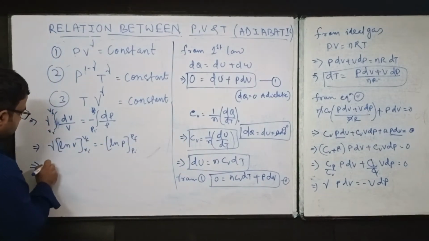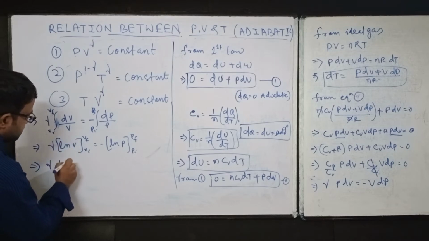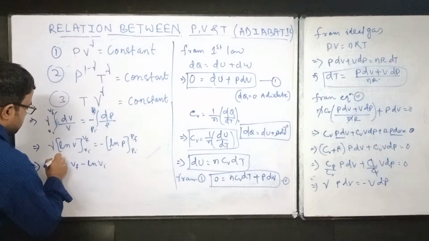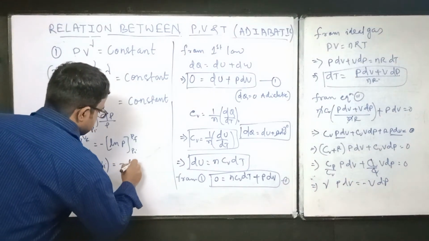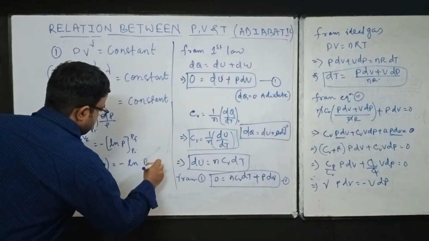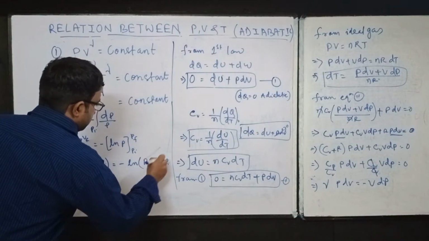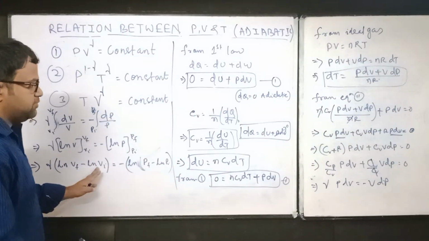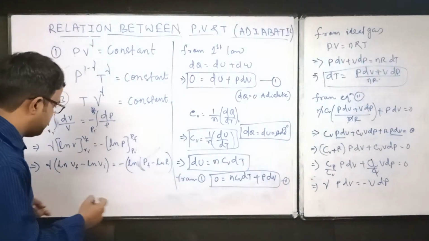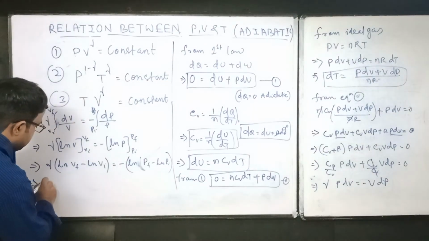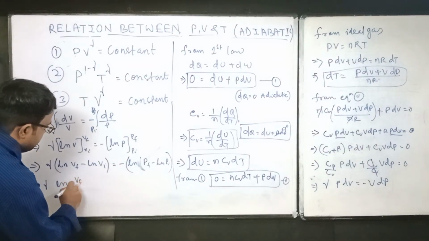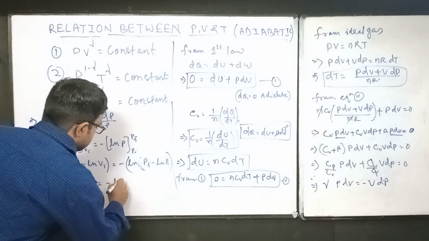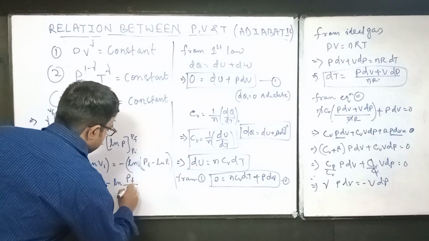So this is ln Vf minus ln Vi, and minus (ln Pf minus ln Pi). Now ln a minus ln b is ln a upon b. So I can write gamma ln Vf by Vi equal to minus ln Pf by Pi.